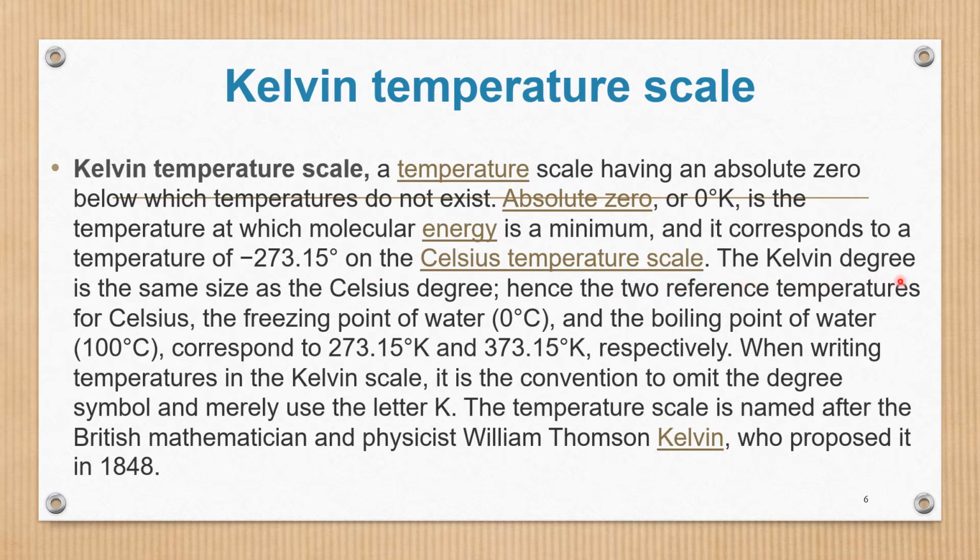The Kelvin degree is the same size as the Celsius degree. Hence, the two reference temperatures for Celsius, the freezing point of water at 0 degrees Celsius and the boiling point of water at 100 degrees Celsius, correspond to 273.15 Kelvin and 373.15 Kelvin, respectively.